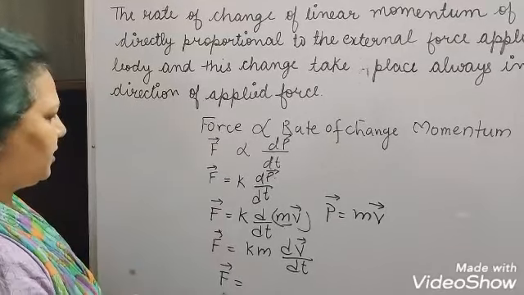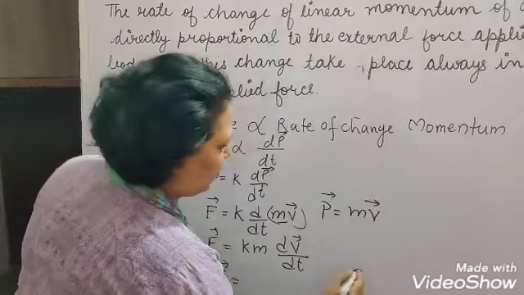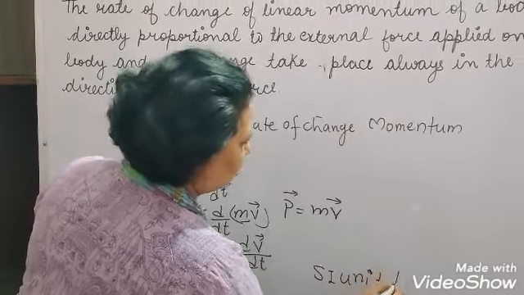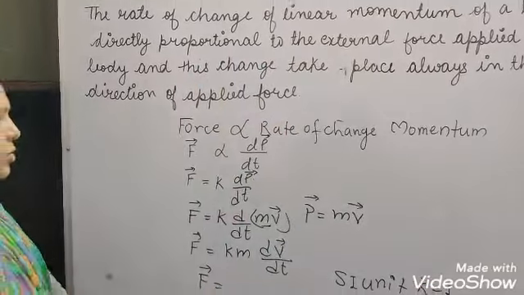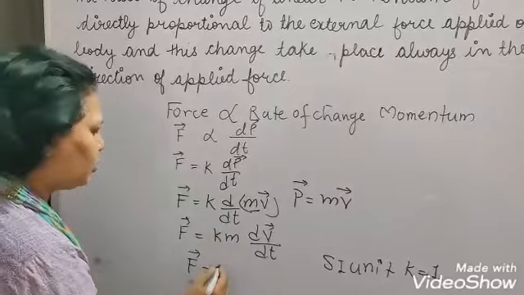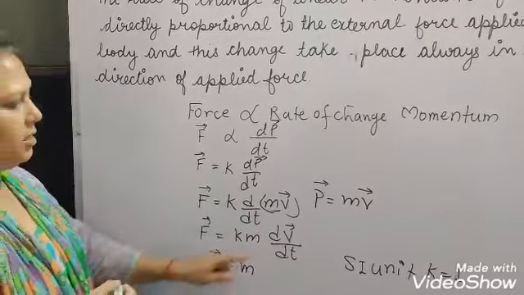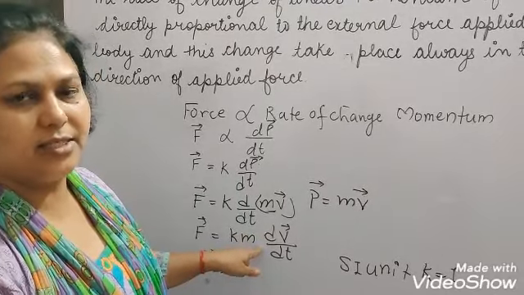So force is equal to Km dv upon dt. We know that for SI unit, this proportionality constant K has the value 1. So we'll put 1 here. So simply it is m dv upon dt, and the rate of change of velocity is defined as acceleration.